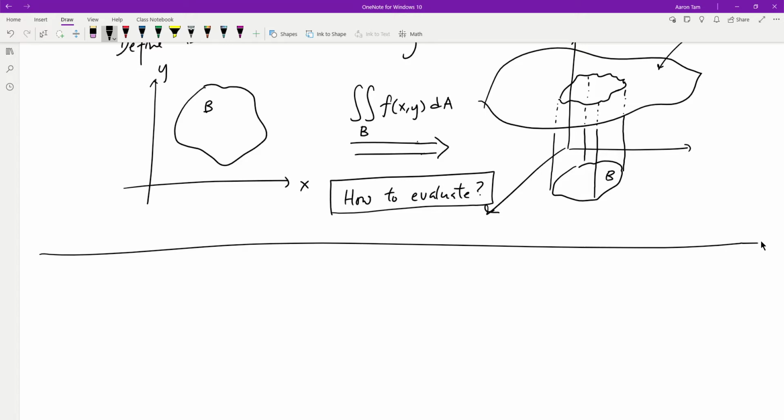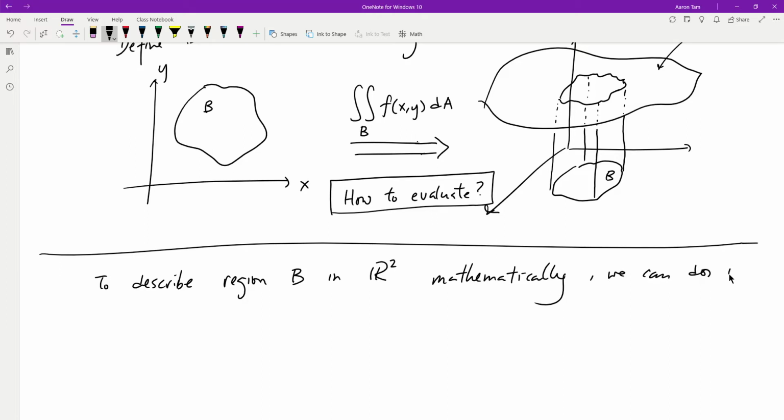But now we have a closed curve forming the boundary, with the inside of it. So to describe region B in R2 mathematically, we can do it in two ways.